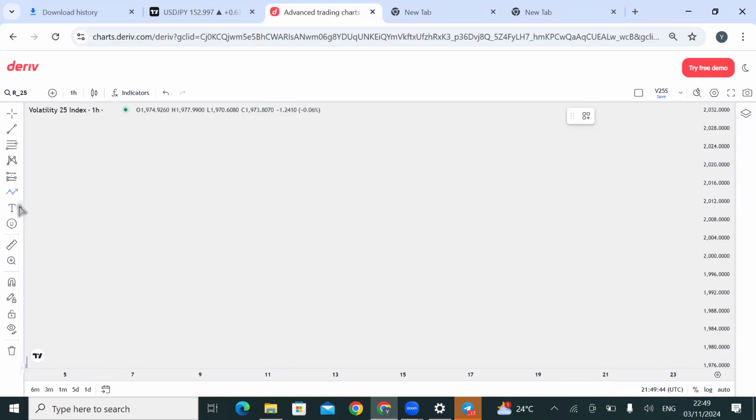We have three types of market structure. Number one, the swing structure.